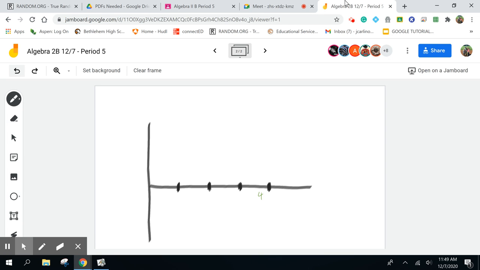Is it in radians? Yes, it's 4 radians. It doesn't have a pi sometimes. So the first tick mark should be 4, which means 4 radians. No pi, just 4, because we didn't have a pi in there.